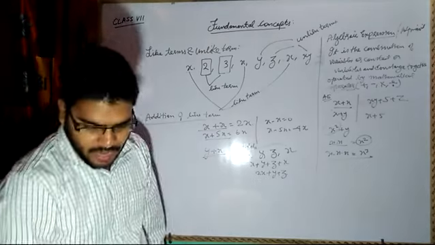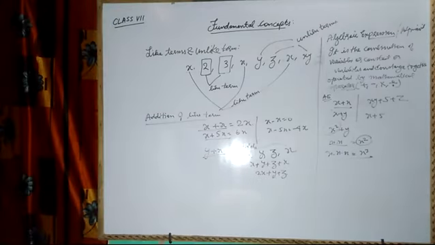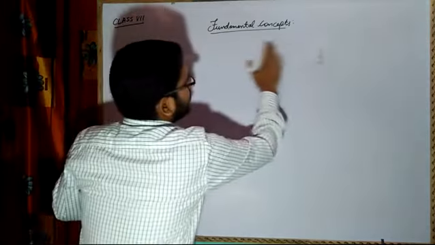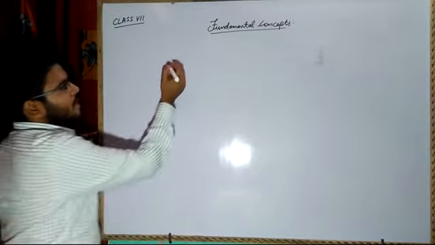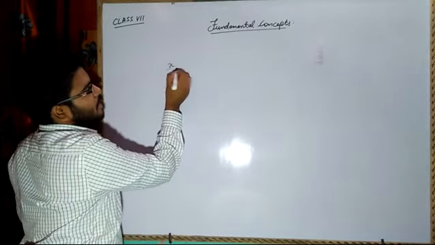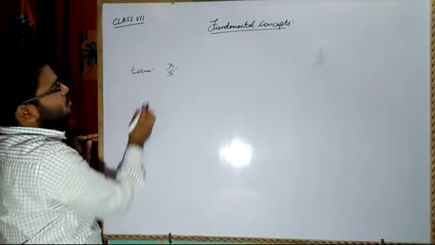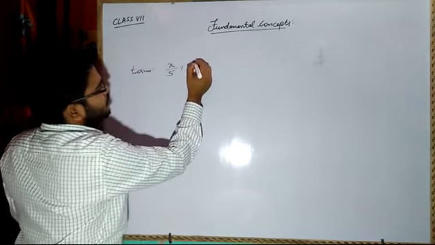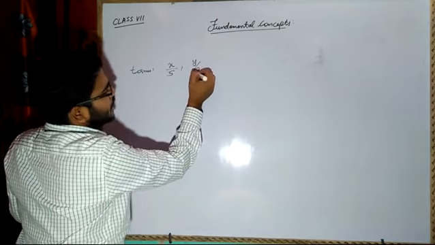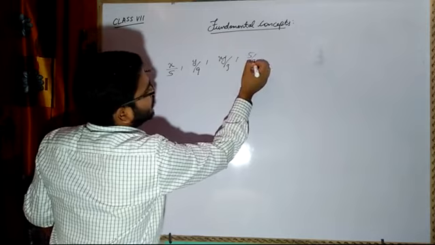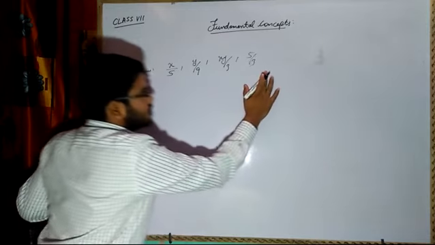Now, after this, we have one more thing I have to explain. If I have x by 5, this will be called a term. If I have y by 9 or xy upon 3 or 5 upon 3, all these are called terms.